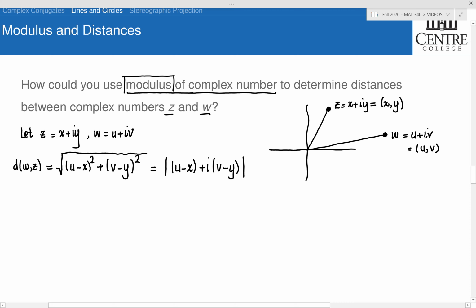If I take the modulus, I take the real part, u minus x squared, plus the imaginary part, v minus y squared, and add them together. And if I squint hard enough, I can see that's exactly the difference, w minus z. In short, what we've just shown is that to find the distance between two complex numbers, just take the difference of those and find the modulus.